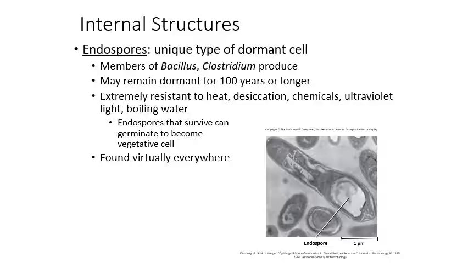If the bacterial cell dies because you sprayed it with bleach or you baked it in an oven, or whatever you did to kill that bacteria, the endospore can survive that. So endospores are almost immortal. They're very resistant to destruction, which means that spore-forming bacteria are found virtually everywhere, because once you're capable of forming that endospore, you're basically impossible to kill.